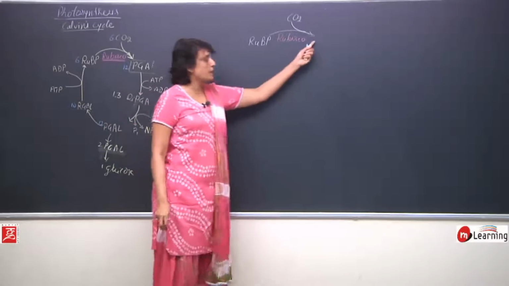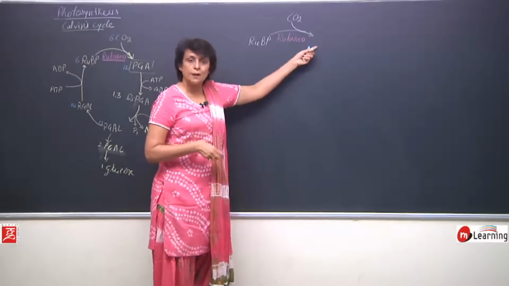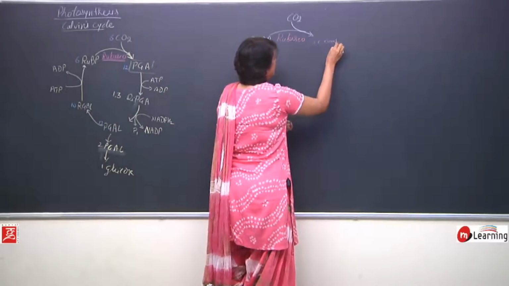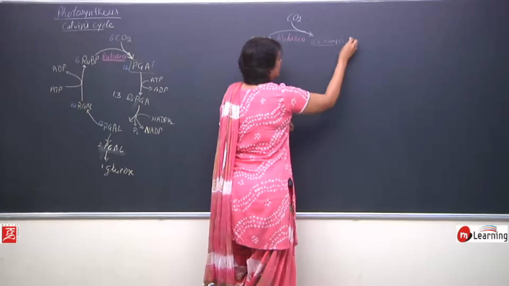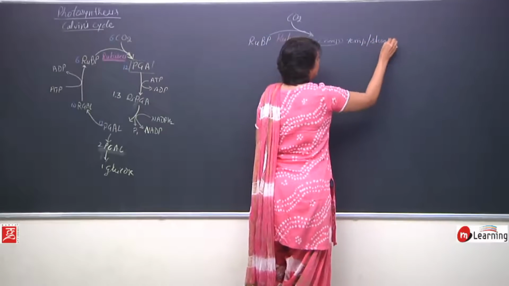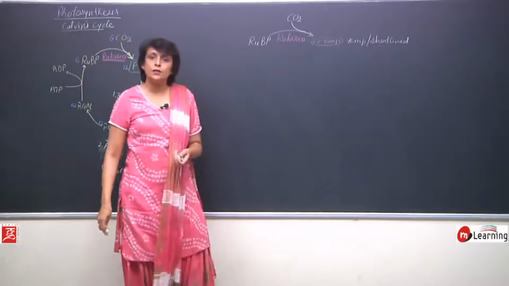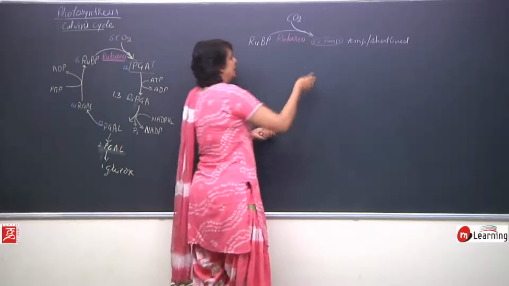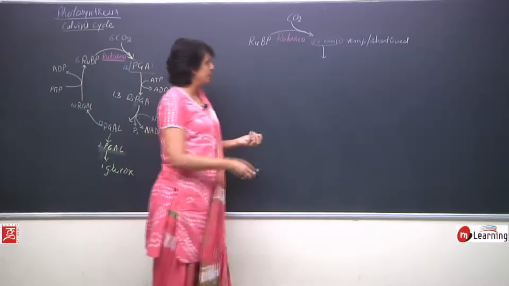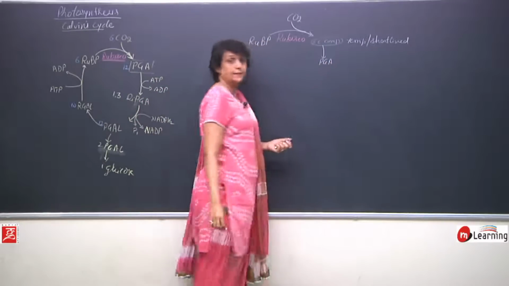Here also the first compound which is formed is a temporary short-lived 6 carbon compound. That means as soon as it is formed, it is going to dissociate. This 6-carbon compound changes into a 3-carbon compound, that is phosphoglyceric acid.